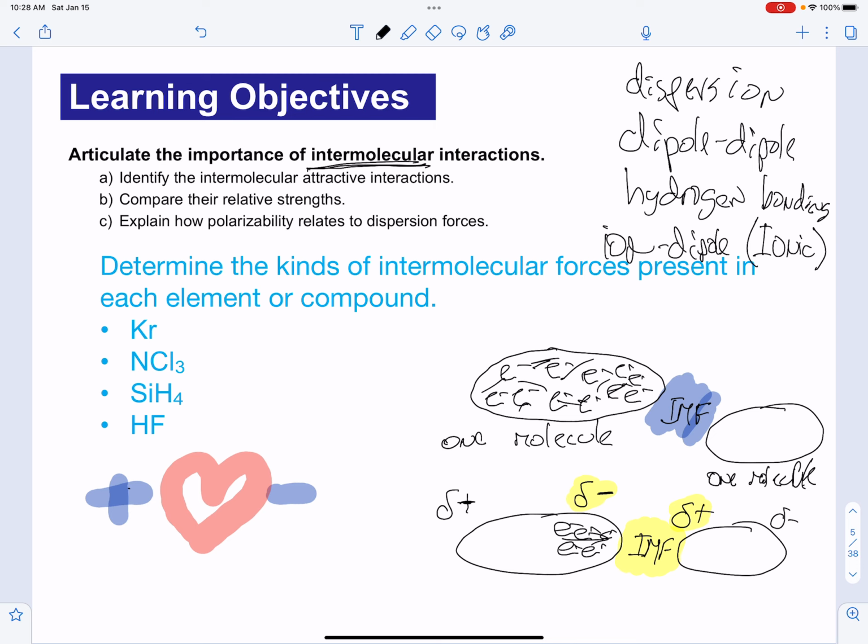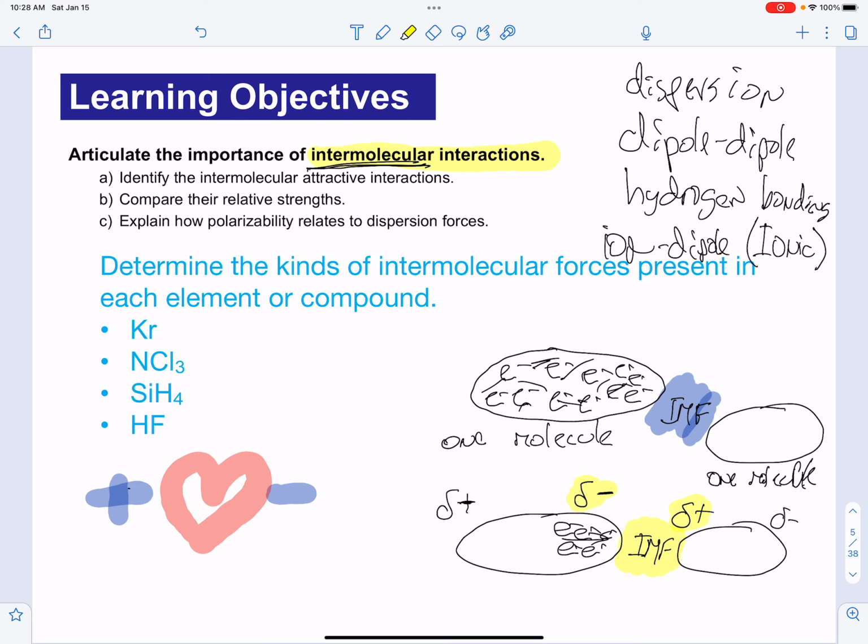Because one molecule developed a partially negative pole and the other molecule developed a partially positive pole and they were properly oriented, they attracted each other. So that's what we call intermolecular interaction between two molecules or more.